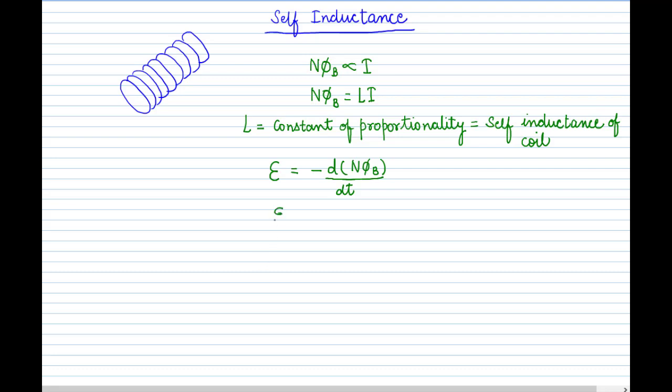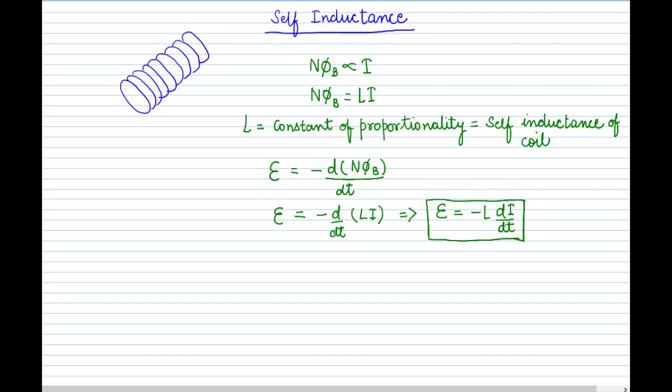Our induced EMF E is equal to minus d by dt of Nφ, and from this equation Nφ is equal to Li. So we write down Li, where L is a constant of proportionality, or the self-inductance of the coil. So we can take it outside the differentiation. So this will be equal to minus L di by dt.